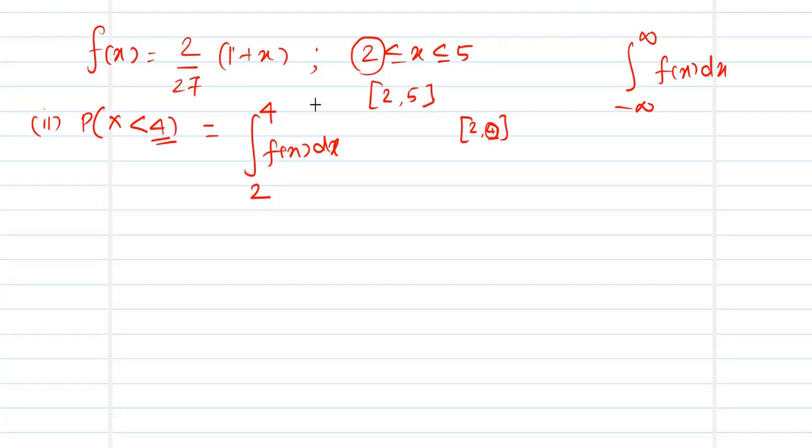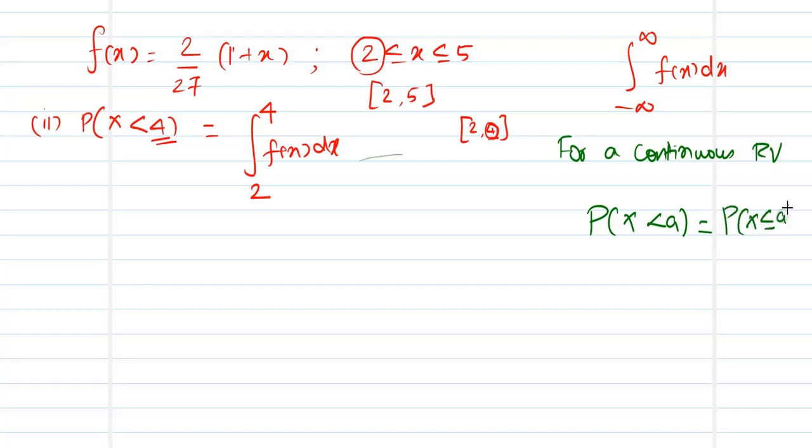So we need to keep in mind, for a continuous random variable, the probability of x strictly less than a is the same as probability of x less than or equal to a.